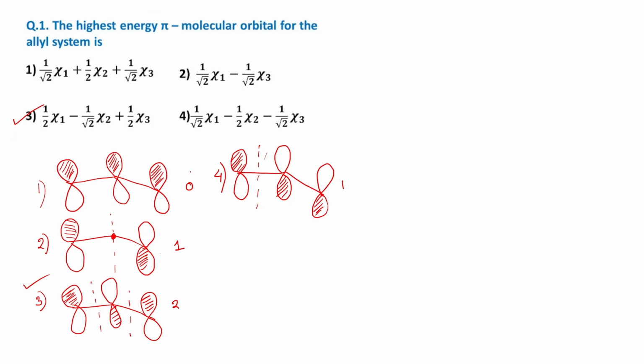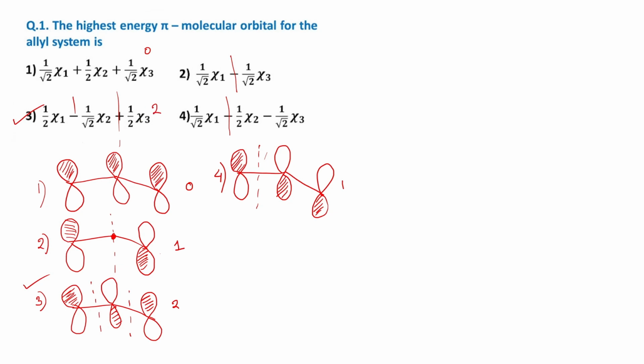See, this is plus plus, so 0 nodes. This sign changes once, then again the sign changes, so here one node, here one node, and there is no node here. You don't have to draw these things; from the question itself you can get the idea, and as it has a higher number of nodes, it has higher energy.